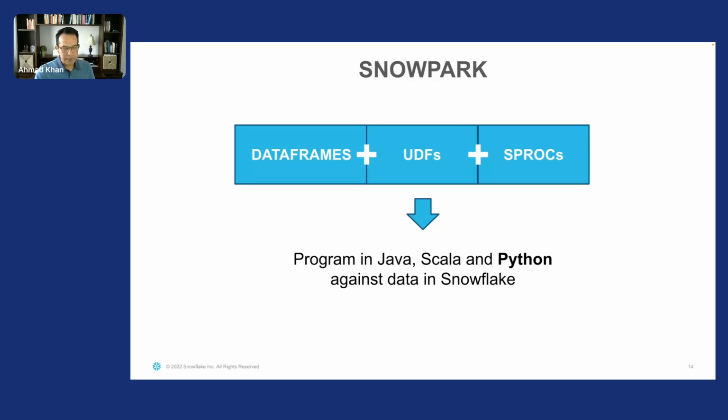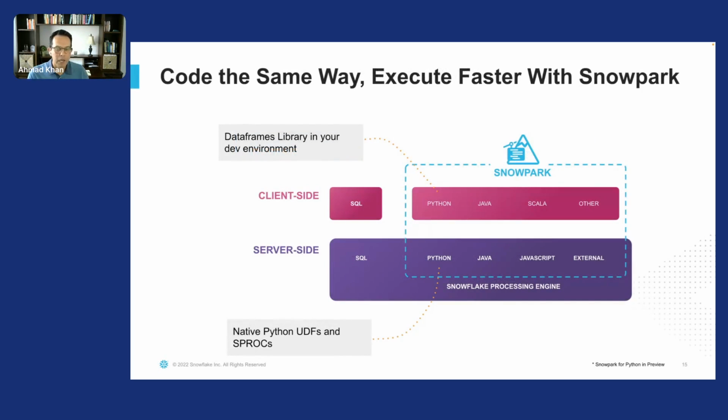Previously, prior to Snowpark, if you wanted to do Python programming, you had to run the Python program outside of Snowflake, host it somewhere else, and it would connect using our Snowflake connector to pull the data out of Snowflake, and then you'd process that outside of Snowflake. With Snowpark, I can run native Python, and with the use of our data frames APIs, UDFs, and stored procs, I can run it all inside of Snowflake. I don't need an external compute service to run this.